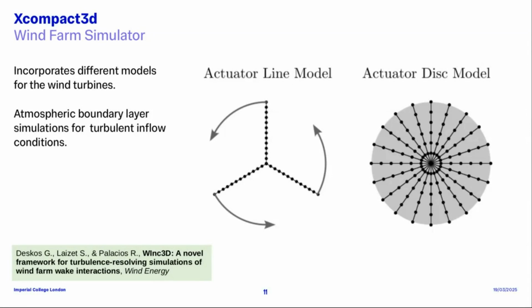This is a less accurate representation of what's going on, but still captures the far wake effects, though it loses some of the closer wake effects that you can capture with the actuator line model. And so in XCompact 3D, we can use these models for the wind turbines in a wind farm and simulate the turbulent atmospheric boundary layer with inflow condition from a precursor simulation.